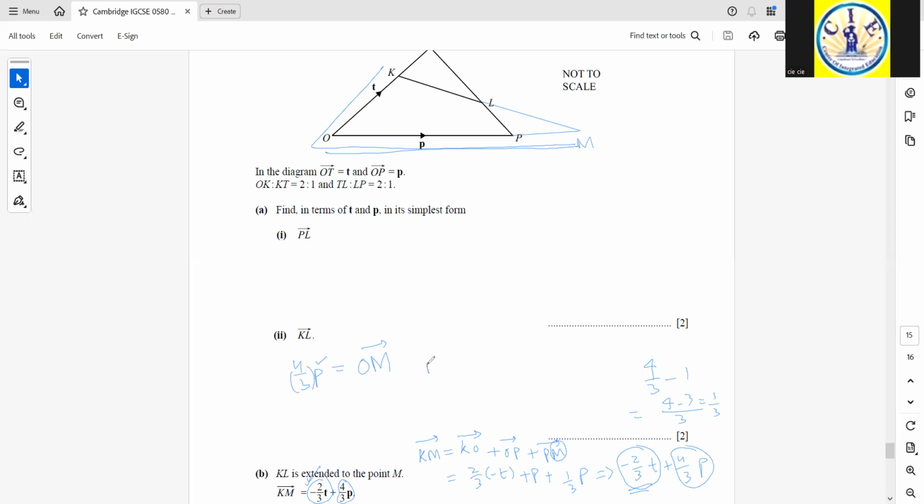That means OM is a scalar multiple of OP, that is P, this distance. So that's why M lies on that straight line. So this is how it is to be proved.